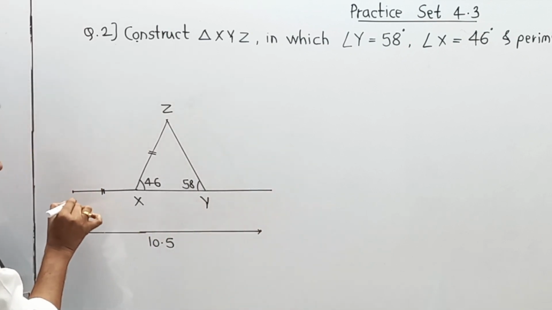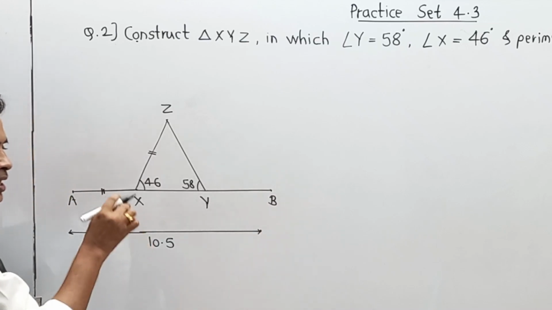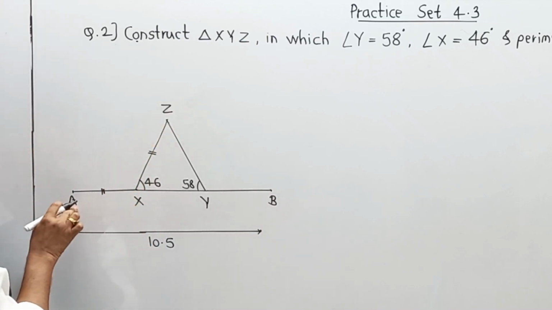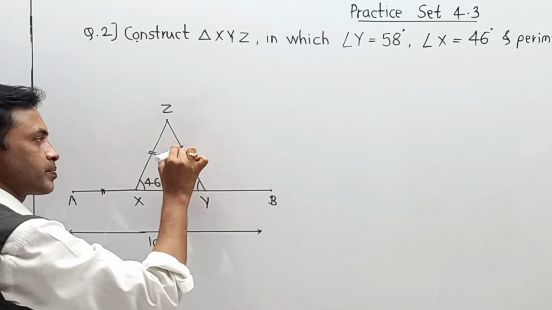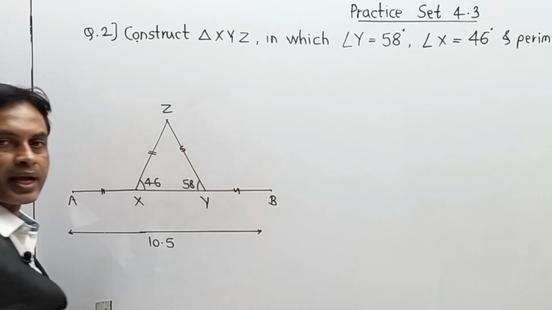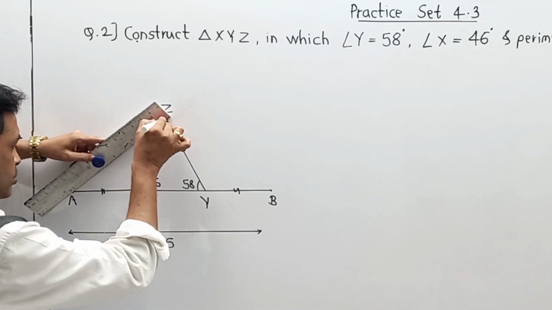Let us say I call this point A and this point B. Here XZ is equal to XA and YZ is equal to YB. After that, as per the previous numerical that we have completed, again we are going to join these two sides.